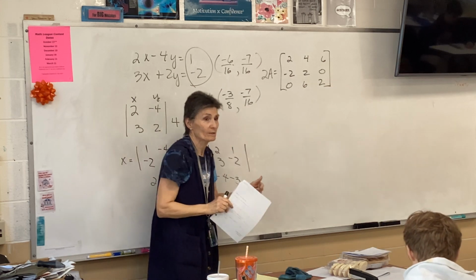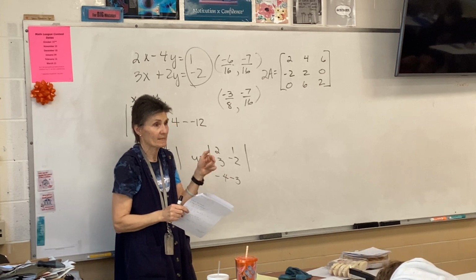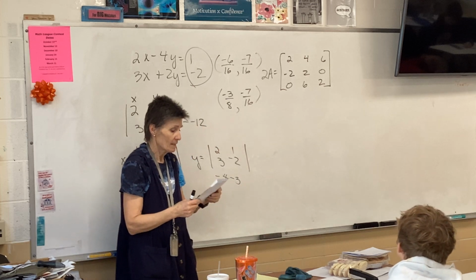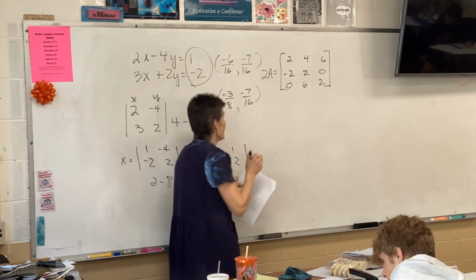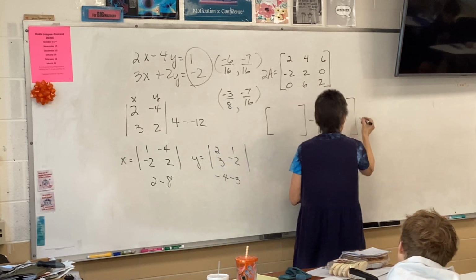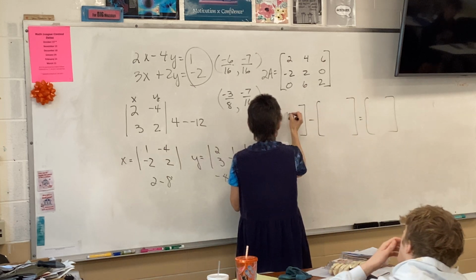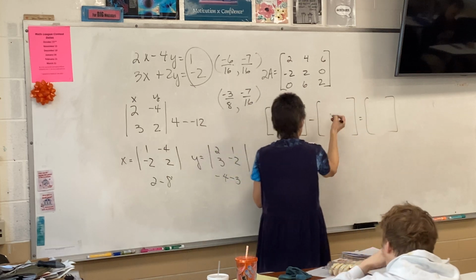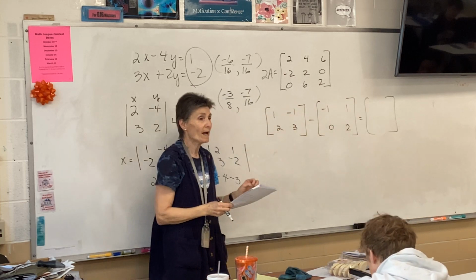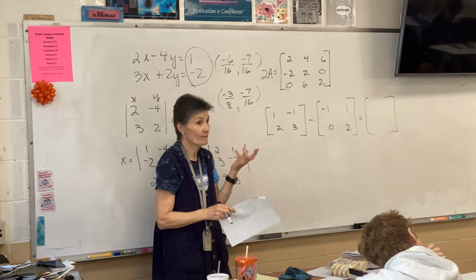That's called a scalar, that number 2 is called a scalar. How do we multiply by a scalar? We just distribute, right? Just distribute. Can we do B minus C? Yeah, we can, because B is a 2 by 2, and C is a 2 by 2, and the rule for subtraction and addition is they have to be the same size, and they are.